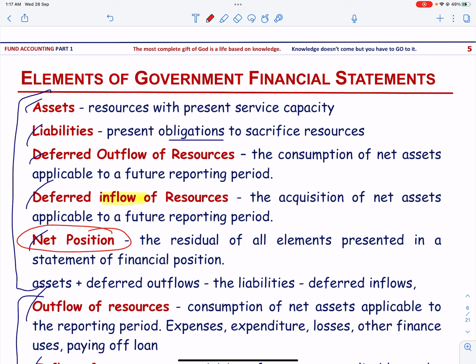So assets plus deferred outflow, which is similar to assets, minus liabilities, minus deferred inflows, which is similar to liabilities, is equal to net position.